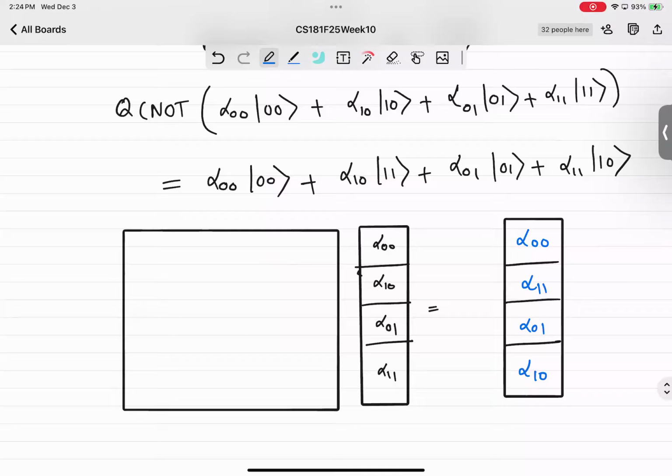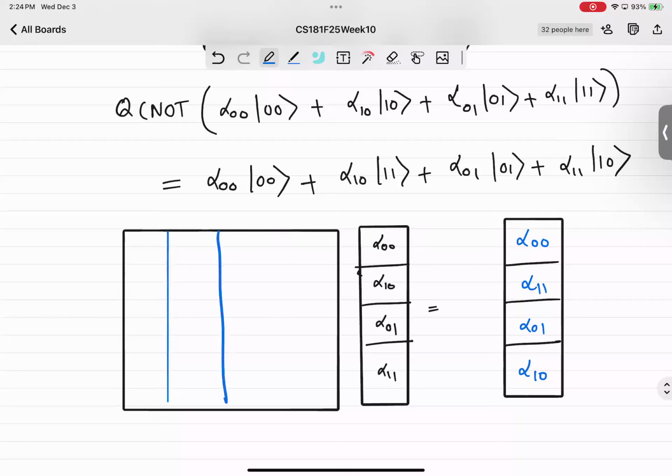So basically, it just swaps these two entries. That's it. Kind of a simple enough operation. It's a linear transformation which takes a vector with 4 coordinates, and in this particular ordering swaps the second and fourth entries. And we can write down the matrix from that.